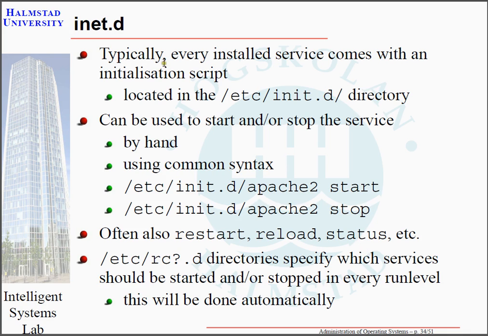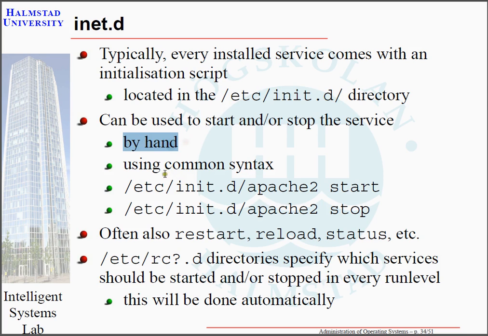Those kinds of daemons or services typically come with some kind of initialization script, because starting them is not always entirely trivial. You want to specify different kinds of configuration files and so on. What you typically do is put those initialization scripts in the /etc/init.d directory, and then those scripts can be used to both start and stop the service.